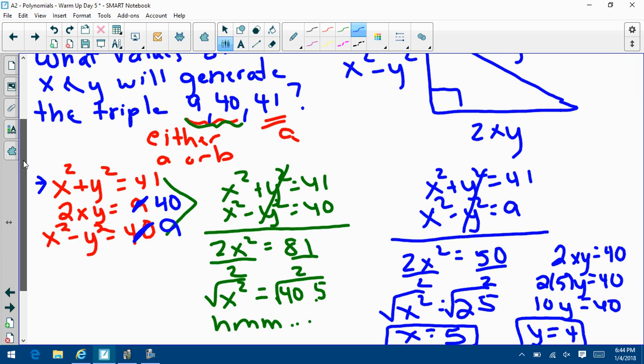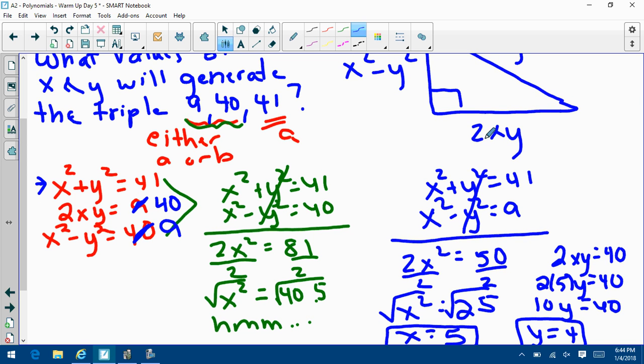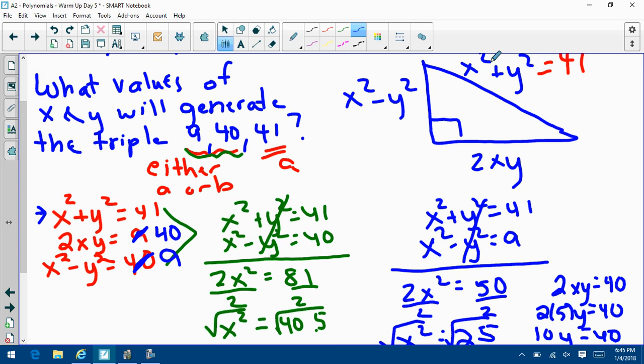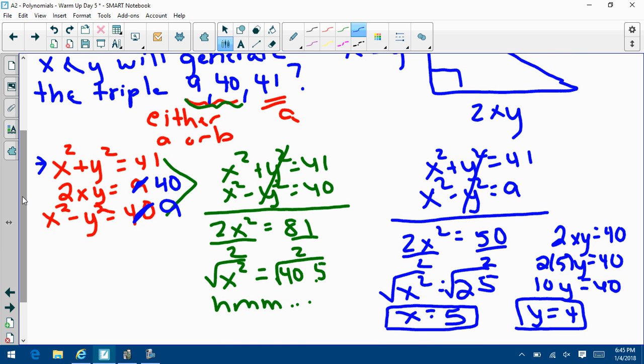And you can check really quickly just by plugging them in. 2 times 5 times 4 is 40. There's that number. 5 squared minus 4 squared, 25 minus 16, there's your 9. And 5 squared plus 4 squared, 25 plus 16, there's your 41. So you got your answers.